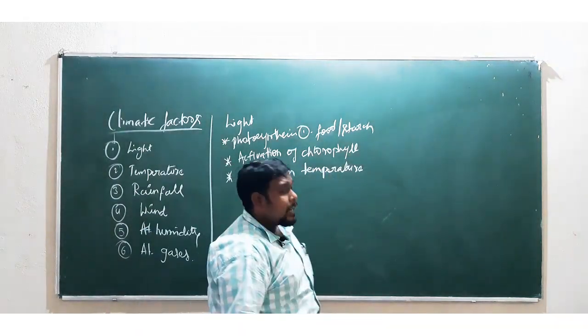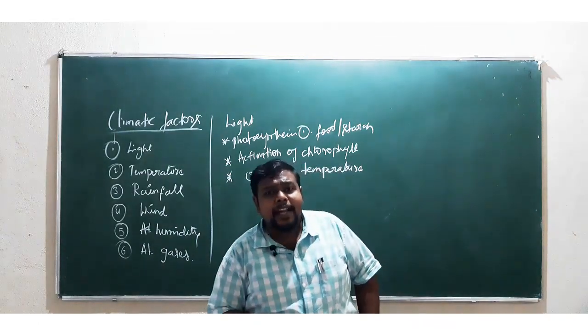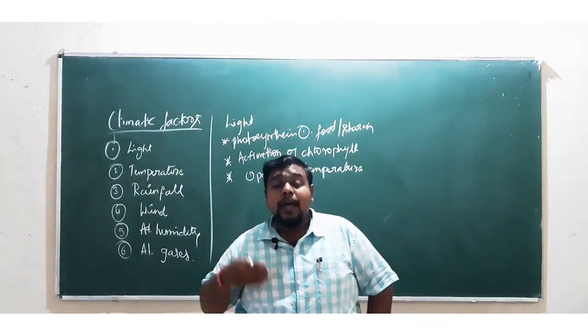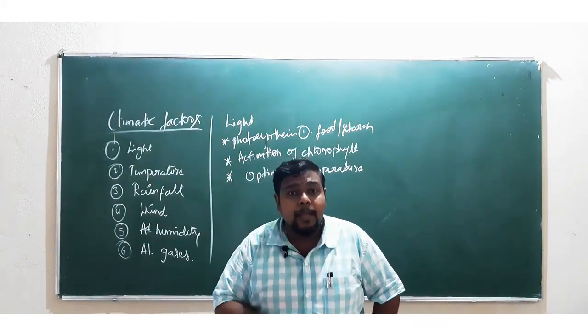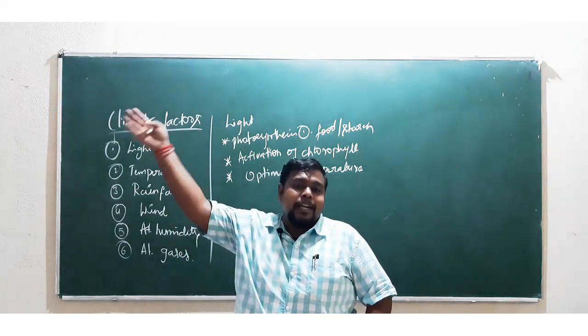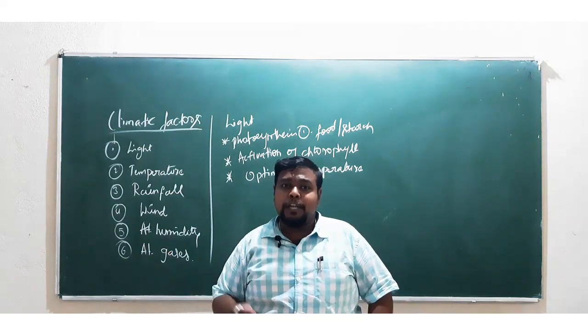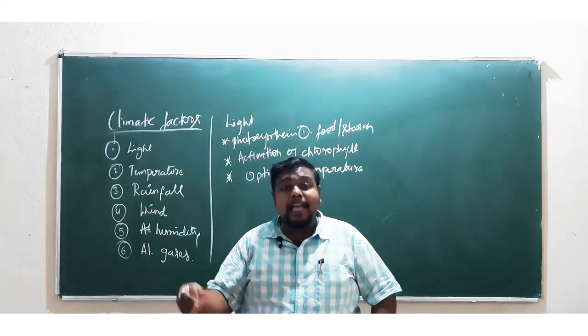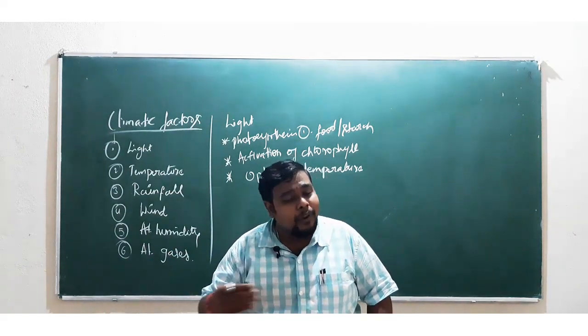And next thing is transpiration. So, what do you mean by transpiration? The removal of excess amount of water from the plant body in the form of water vapor in the presence of sunlight can be defined as transpiration. If transpiration has to occur, there should be a presence of light.